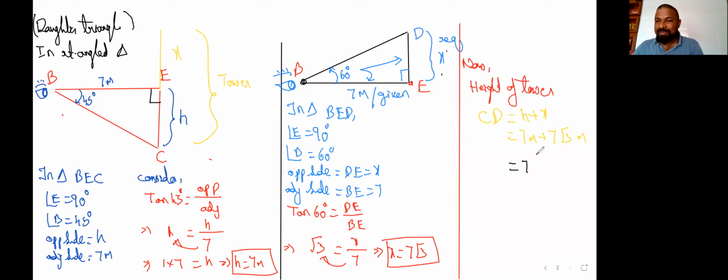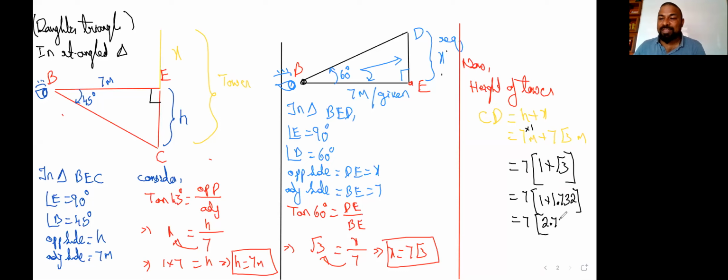I am taking 7 as common. I can call this 7 into (1 plus √3). √3 is nothing but 1.732. If you add it up, it's 2.732.